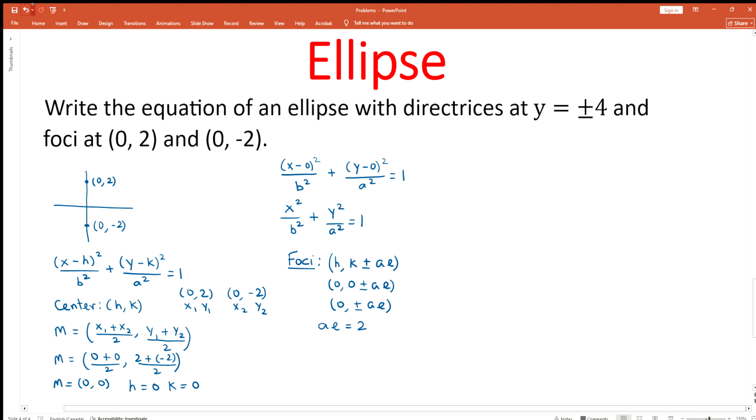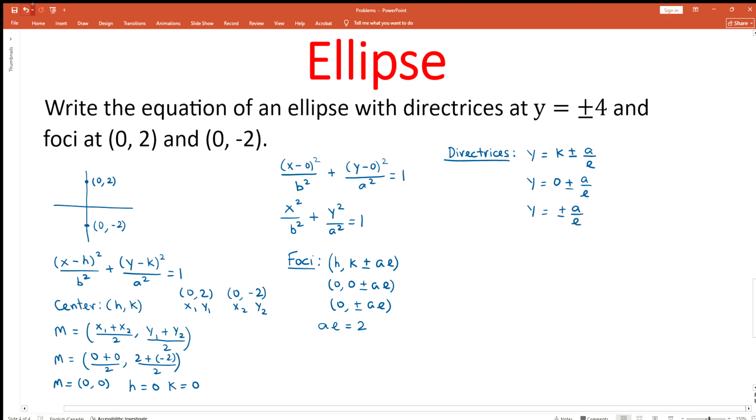The general equation of directrices for an ellipse that is taller than wider is y equals k ± a over e. k is equal to 0, so we get 0 ± a over e, which is just ± a over e.